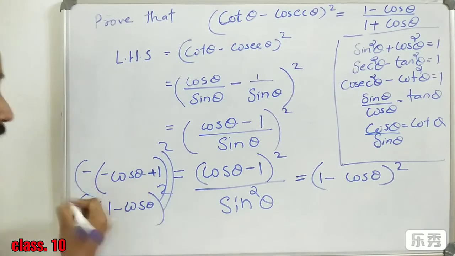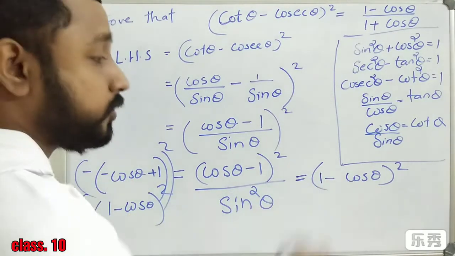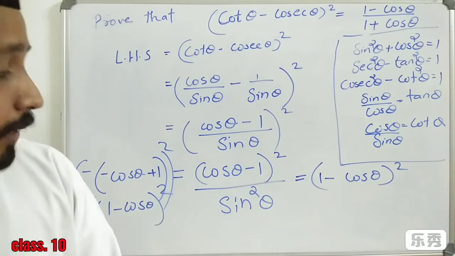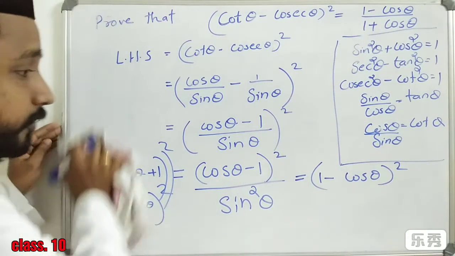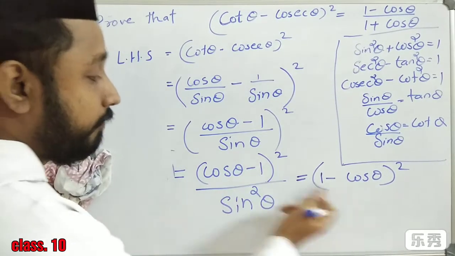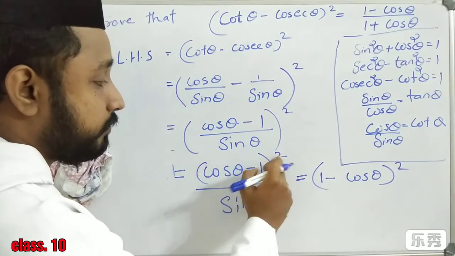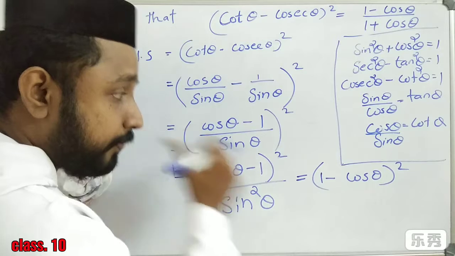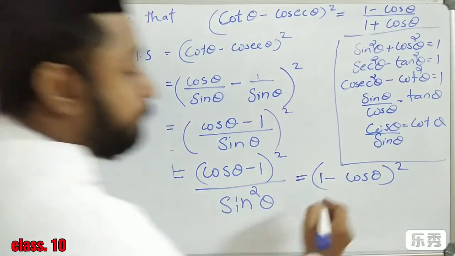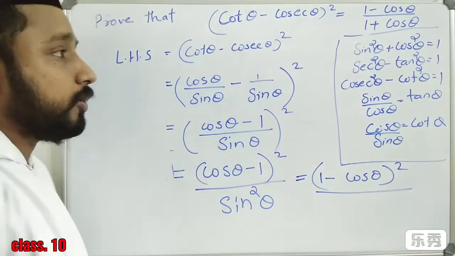This minus square will become plus, then we will get 1 minus cos theta all square. So cos theta minus 1 all square is also equal to 1 minus cos theta all square, because here square is there, therefore minus will become positive, then 1 minus cos theta all square divided by sin square theta.